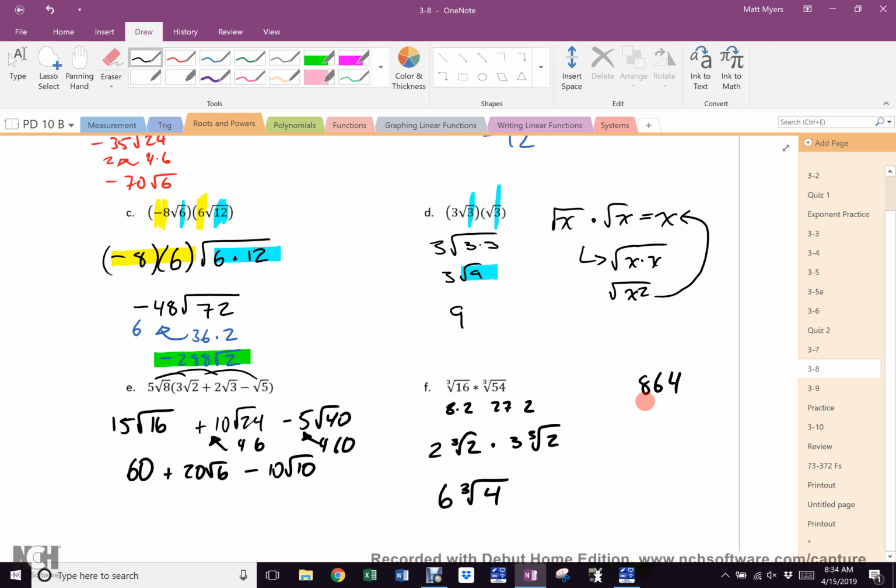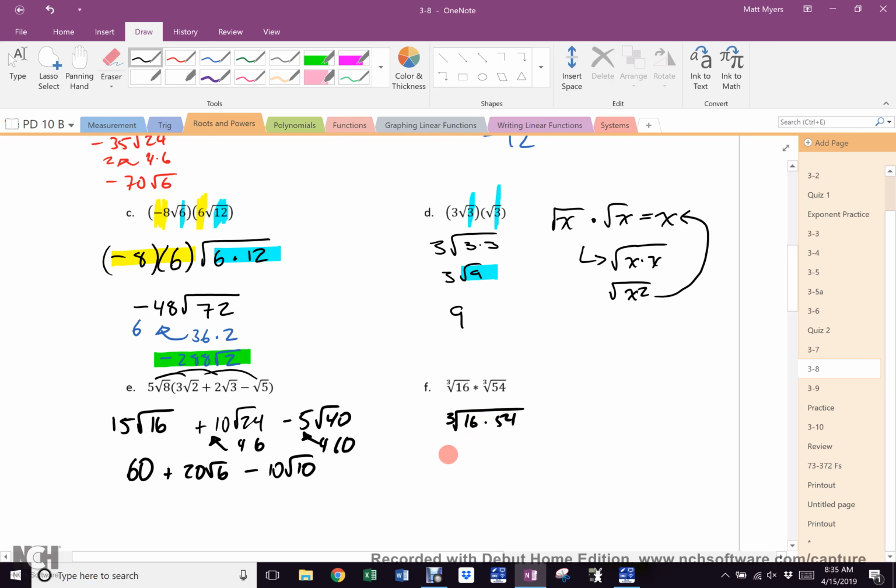Everybody good? Yeah? All right, now listen. I'm going to show you another method for doing this that some people prefer. I don't, but other people do. And it's perfectly legitimate. Isn't this the cube root of 16 times 54?